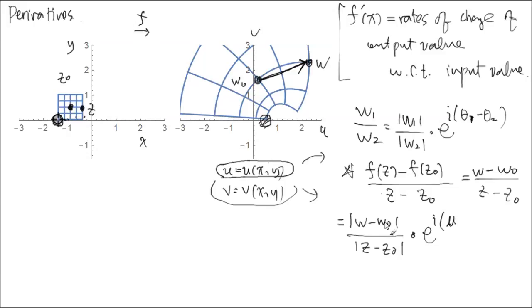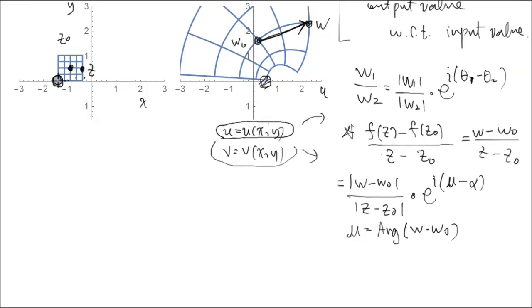That's the mu, that guy there, minus alpha. That's the guy down there. All right? So mu is the principal argument of w minus w0. And alpha is the principal argument of what? z minus z0.